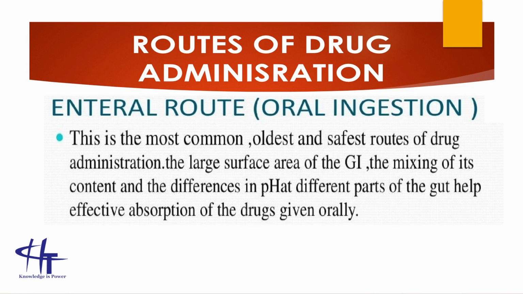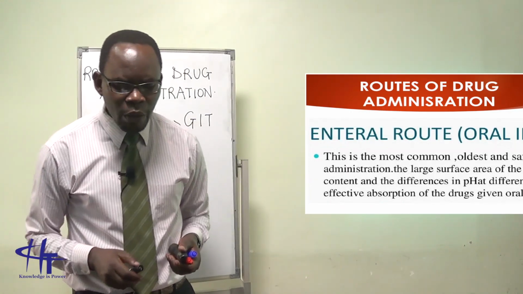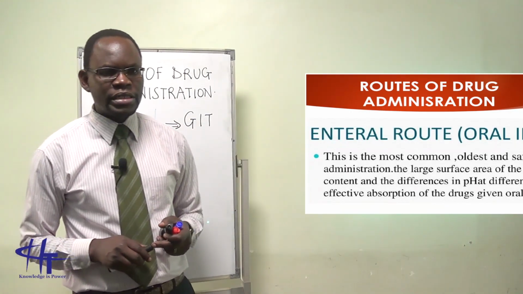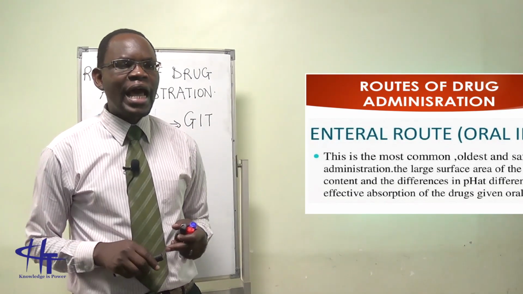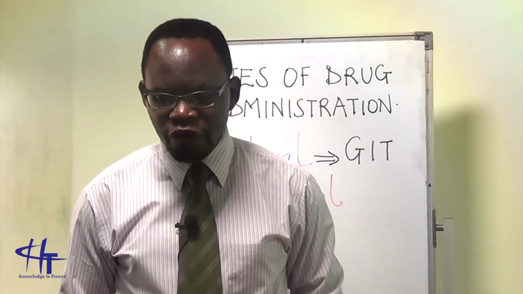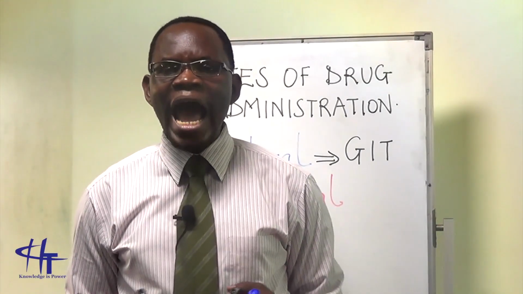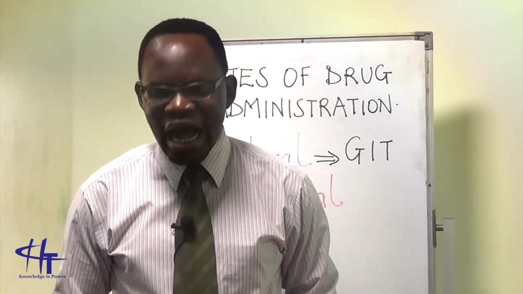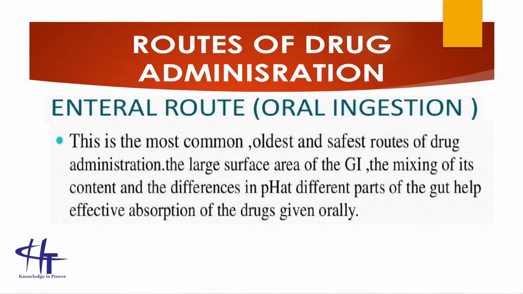The commonest is when we swallow these medications expecting them to be absorbed in the small intestines or along the gastrointestinal system. The enteral is the commonest, and I would say is the safest route of drug administration, and absorption occurs along the GIT because it offers what we call a large surface area for absorption.